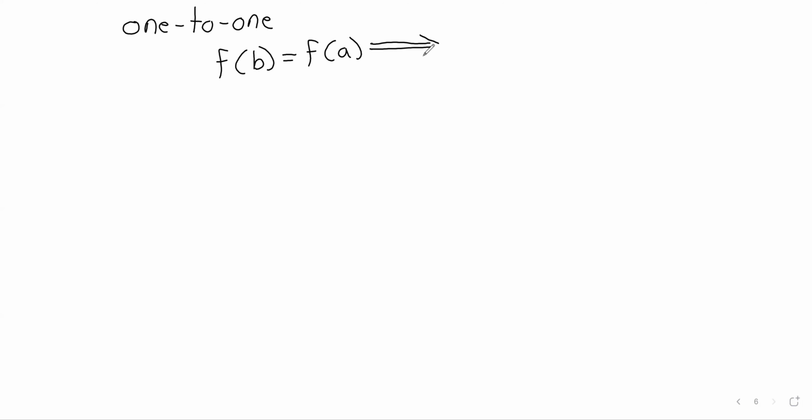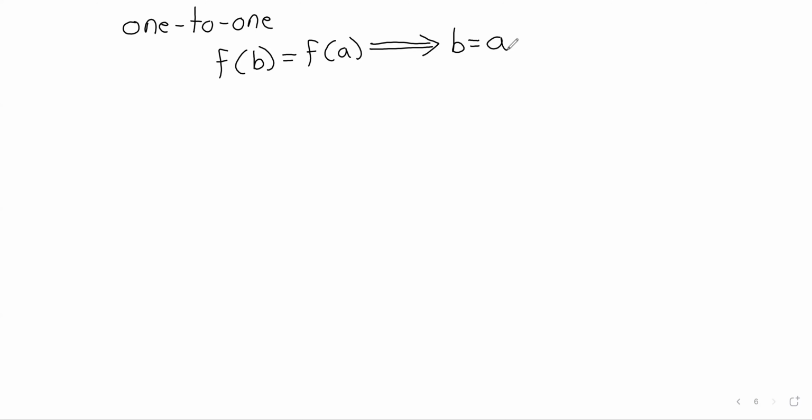And not every function has an inverse. An inverse of a function has to be 1-to-1. If f of b equals f of a, that should imply that b equals a.